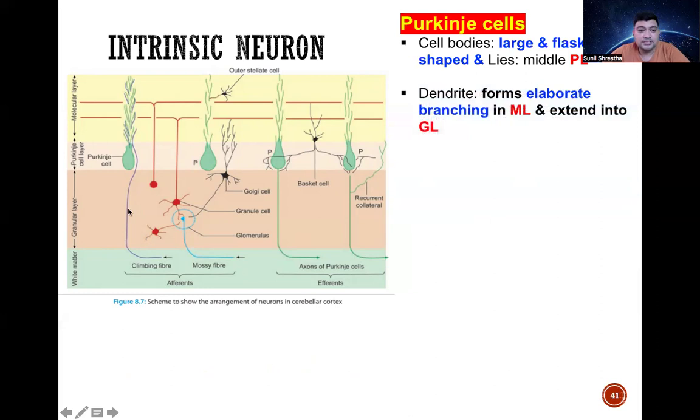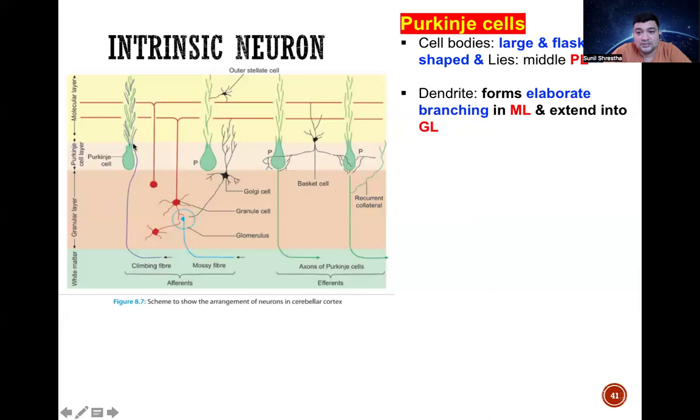Now, in the Purkinje cell layer, this basically contains the Purkinje cell bodies, and it looks somewhat like a flat basket, and lies in the Purkinje cell layer, which is denoted by PL here in the text.